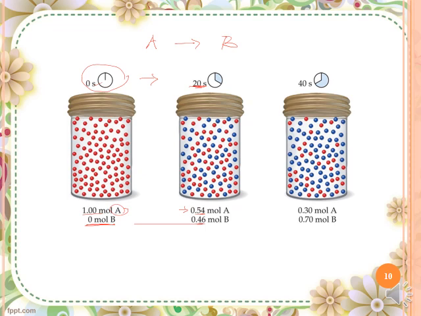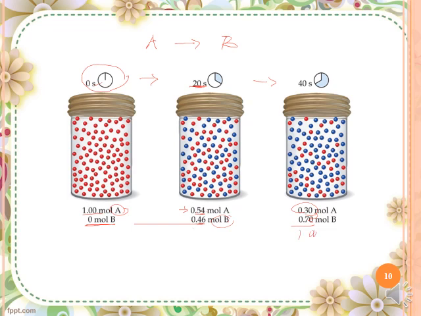You see here, initially 1 mole, it reduced to 0.54, meaning 0.46 has been used to convert to product B. And then another 20 seconds, more of reactant A has been converted into product B, and it still gives you a total of 1 mole.